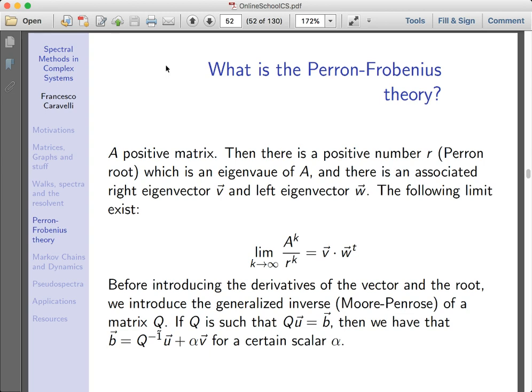The Perron root is the first, or largest, eigenvalue of the matrix A, and it's not hard to show that if you take the limit k to infinity of A to the k over r to the k, what you get is a quantity which is exactly connected to the left and right eigenvectors of the matrix.